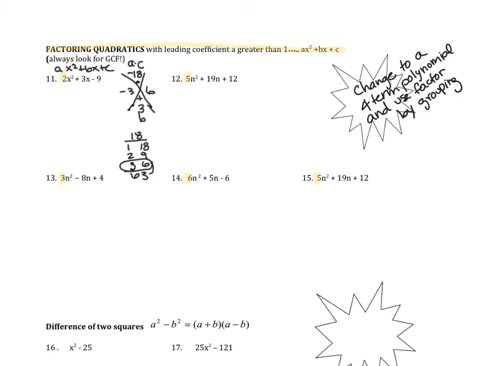So I'm going to write my 2x squared like normal, and I'm going to write my negative 9. Now the 3x I'm not going to write. Instead, I'm going to go get the numbers in the side of my diamond, and I'm going to write them instead. So I'm going to write negative 3x plus 6x. Negative 3x plus 6x does indeed equal 3x.